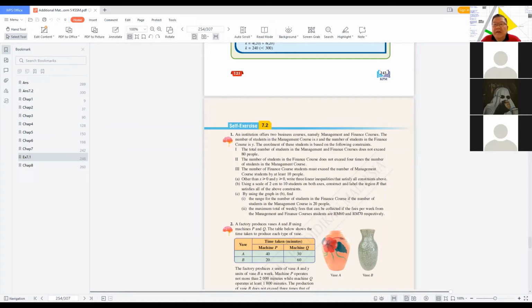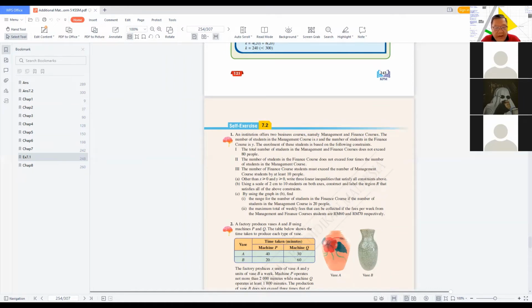What did they show there? 60, right? It is not workers. It's the fees collected. So for the management course, it is 60 ringgit per student. But I have X students, so the amount collected is 60X. I better cancel off this, otherwise you may think that it is the number of workers.